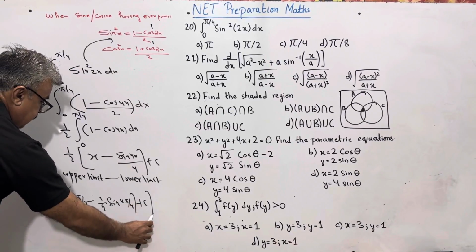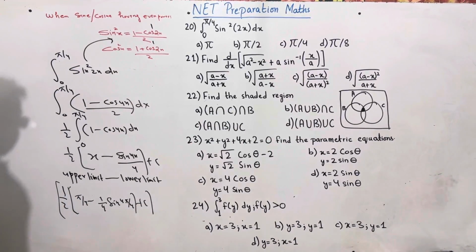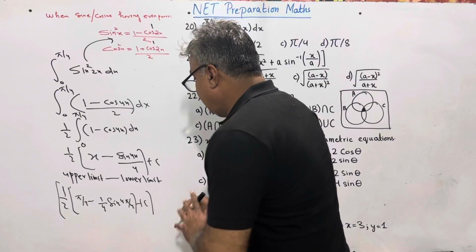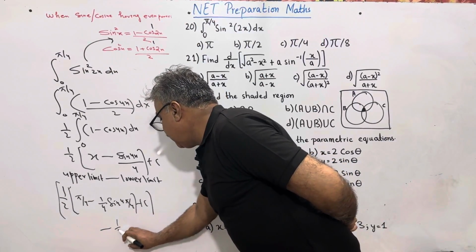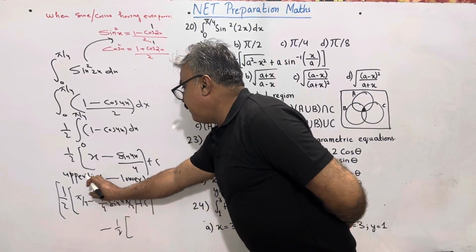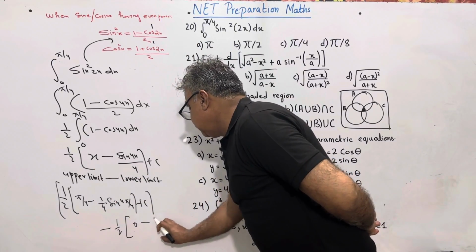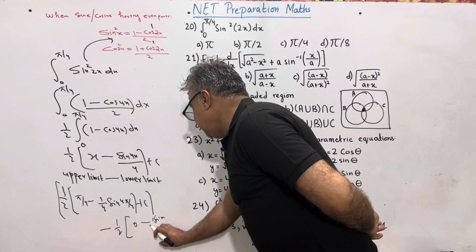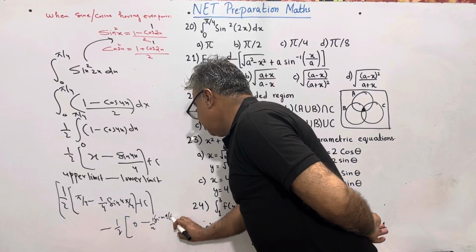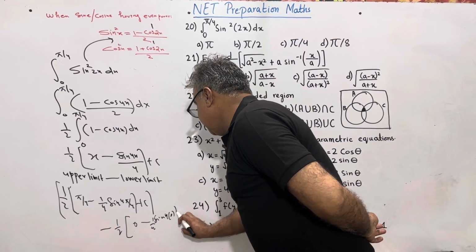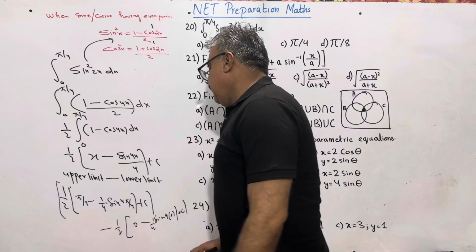That's our upper limit. What about the lower limit? Minus 1 over 2 times the lower limit, x is 0, and sine 4 times 0 is also 0.